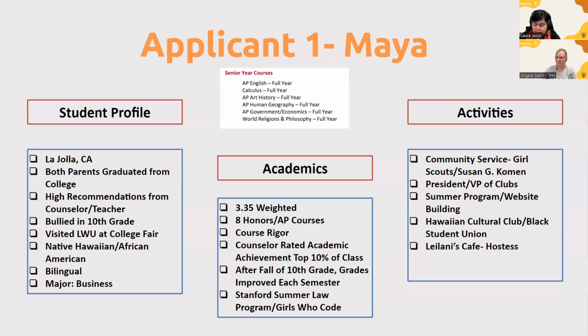She's done a couple of internships, and is also part of the Hawaiian Cultural Awareness Club and the BSU. So she has demonstrated leadership there. In senior year, she is vice president of BSU, and then president of the Hawaiian Cultural Awareness Club.